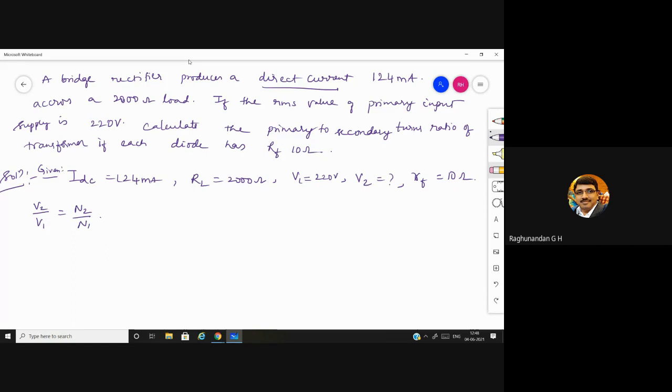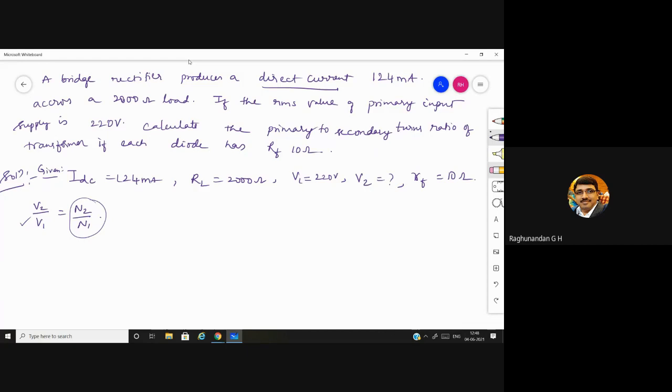So we have V1, but we don't have V2 in this case, and they're asking to calculate the primary to secondary turns ratio. So we need to find N2 by N1 or N1 by N2.